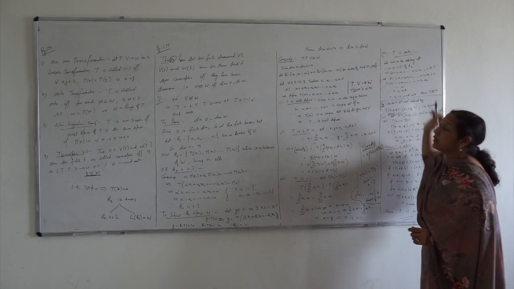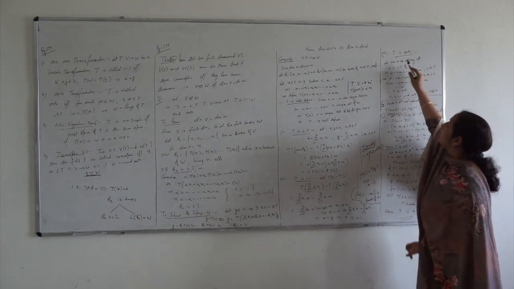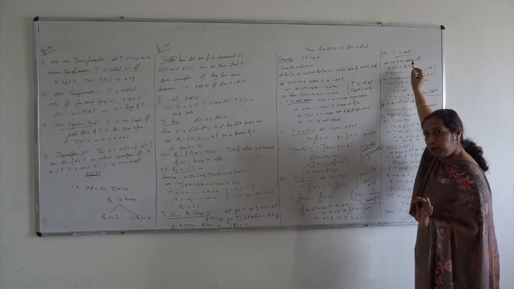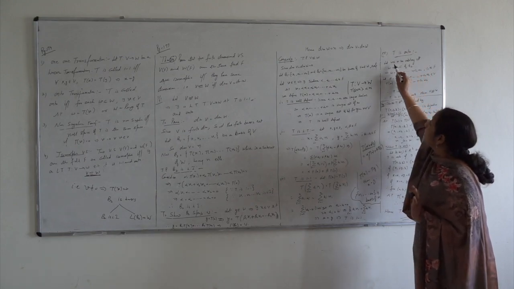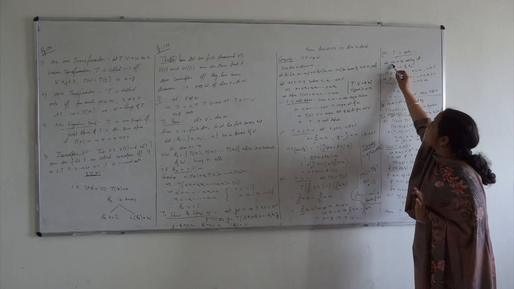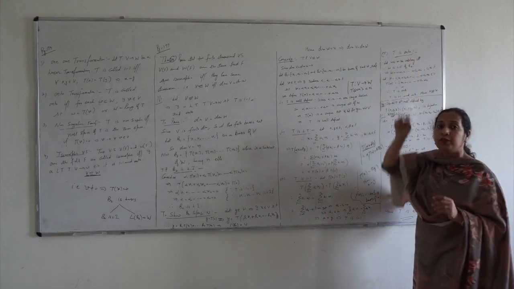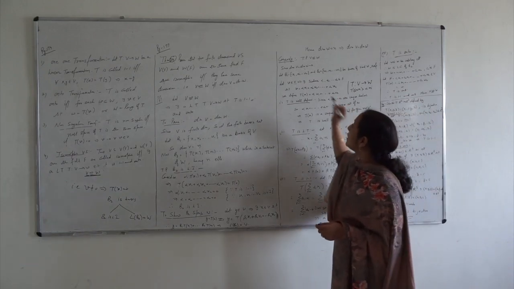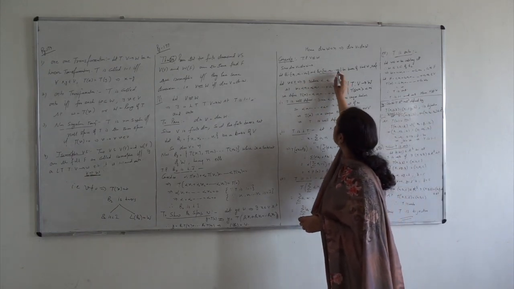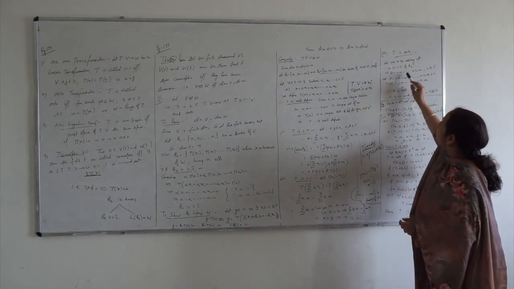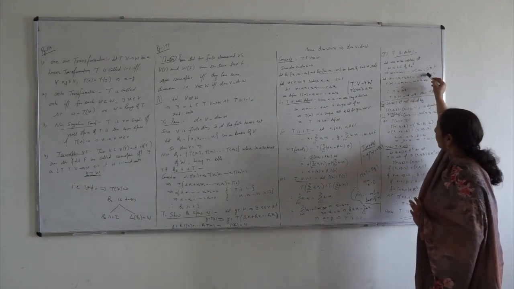Now next we prove T is an onto mapping. Let w be an element of W. This is an arbitrary element. If w belongs to W, then this w can be written as a linear combination of the basis of W. B2 is a basis of W. So w is equal to C1 W1 up to Cn Wn.